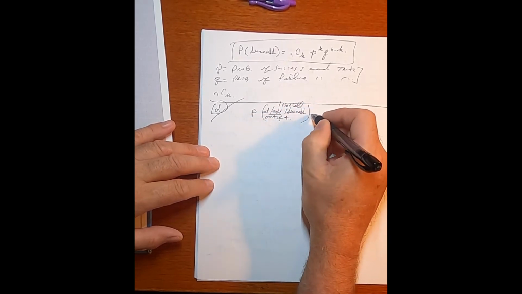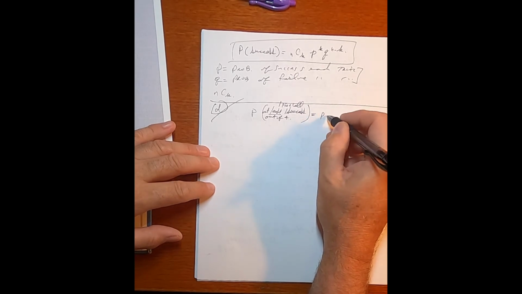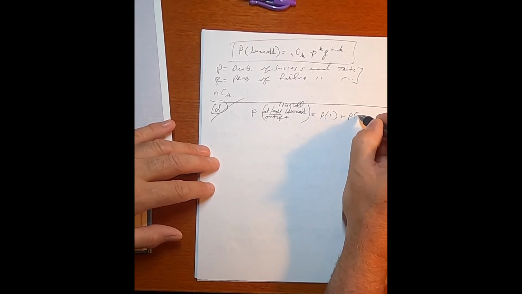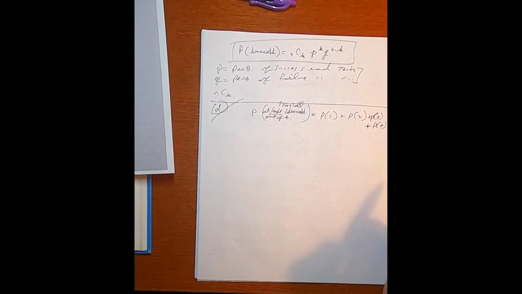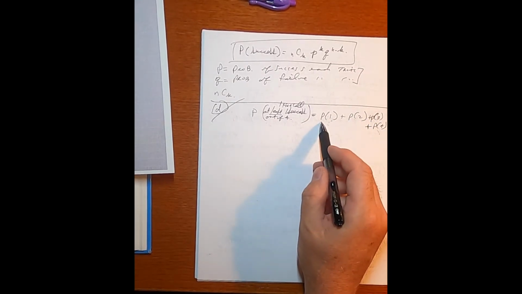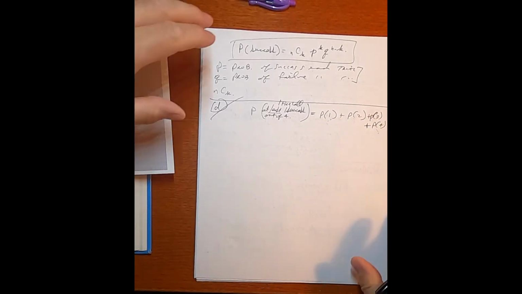Now, that is actually equal to the probability of 1 success plus the probability of 2 successes plus the probability of 3 successes plus the probability of 4 successes. You see? All of these are the probabilities that have to be considered because you have to add them up, and that's the way you handle this.